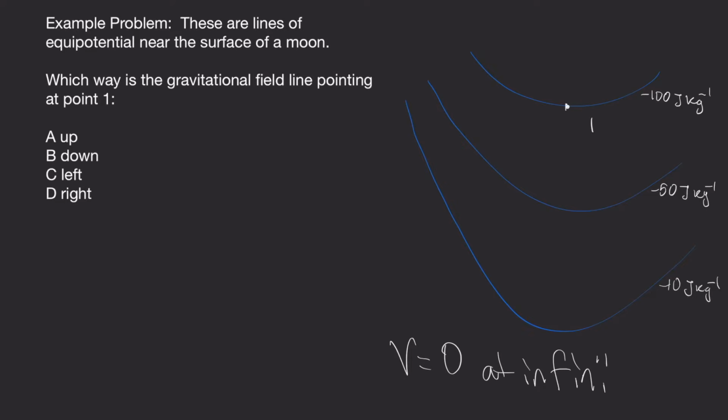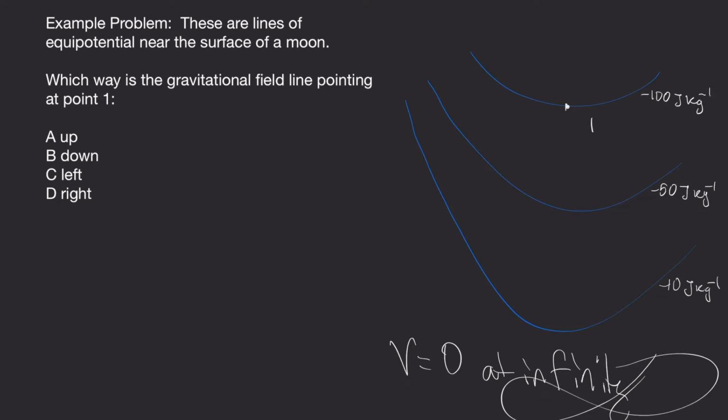Well, if we look at this diagram, if we go down, we are actually approaching infinity. So we go minus 100, minus 50, minus 10, somewhere far out in the distance at infinity, the gravitational potential tends towards 0. So infinity is somewhere along here.